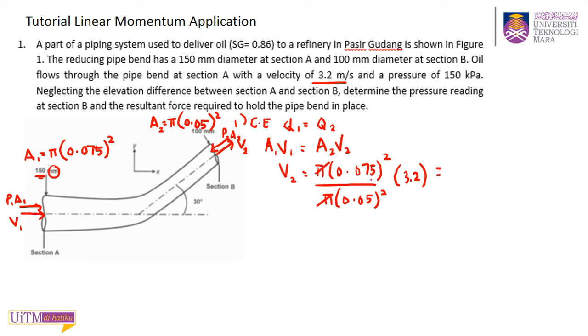Can someone calculate this? 0.075 squared over 0.05 squared times 3.2. What's the value for V2? 7.2. So 7.2 meters per second.